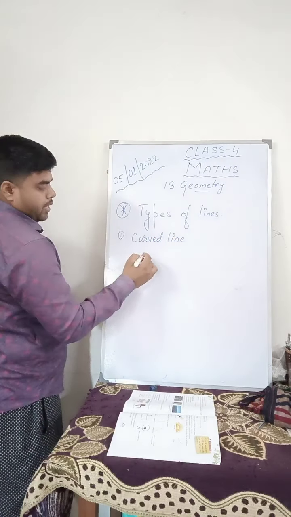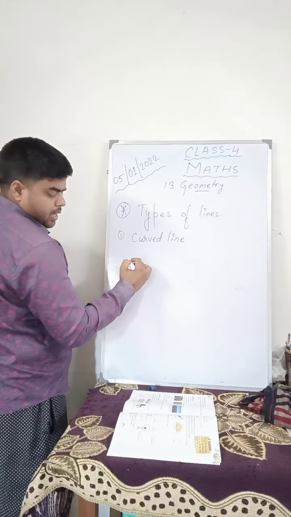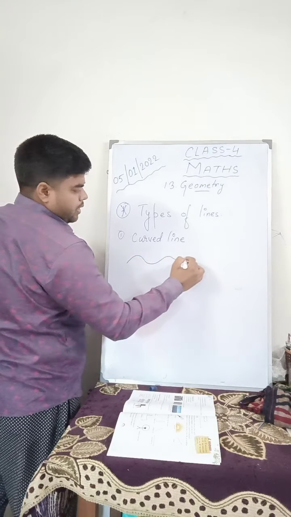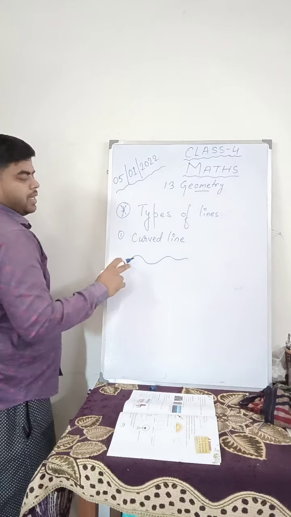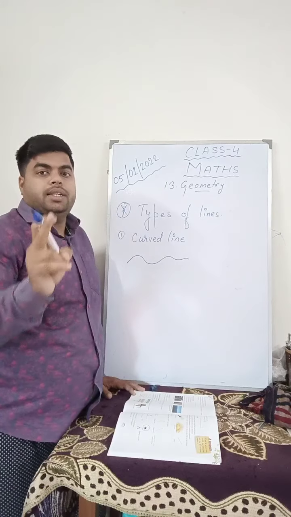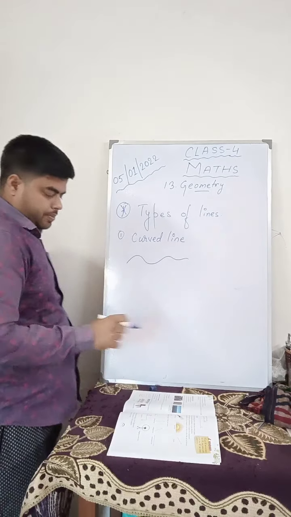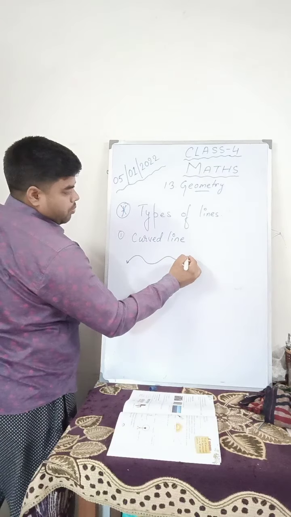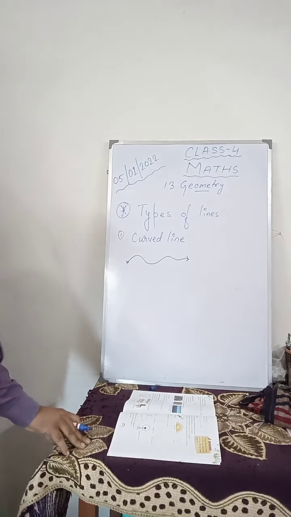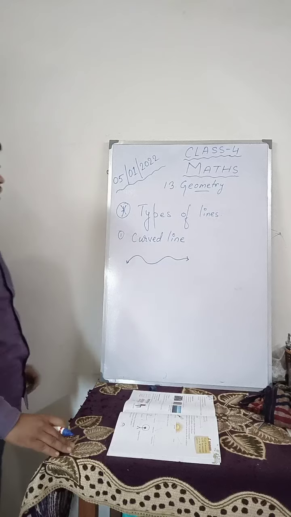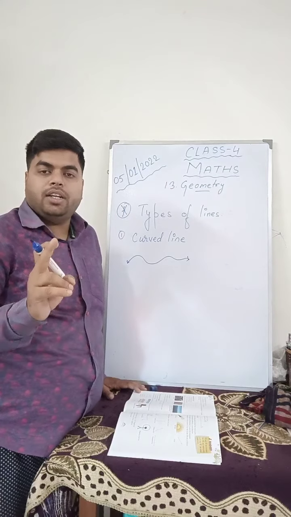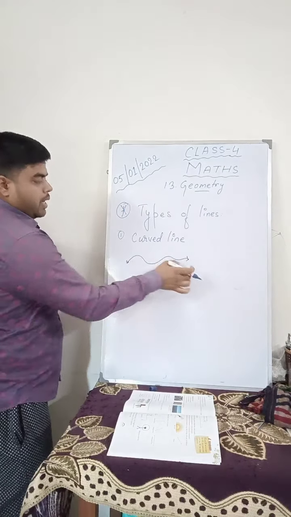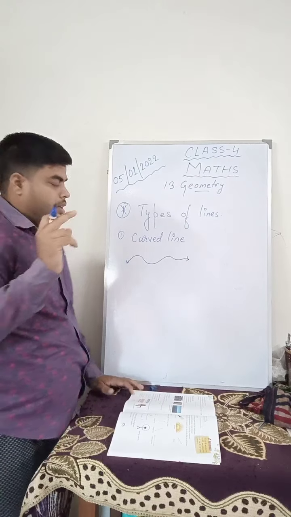For a curved line, you can draw any shape you feel like, but a curved line should not be straight, and you should put an arrow mark on both ends because it is a line. A line does not have a starting and ending point. So this arrow mark represents that it does not have a starting or ending point.